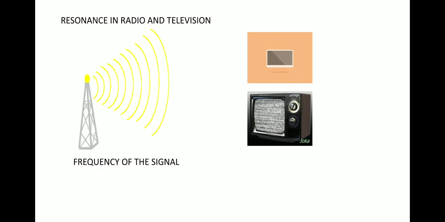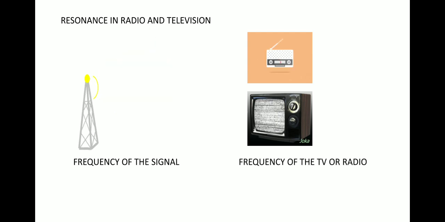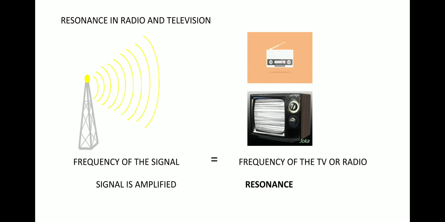When the frequency of the signal becomes equal to the frequency of the TV or radio, then the signal is amplified because of resonance. This amplified signal is again used for broadcasting the TV or radio programs.